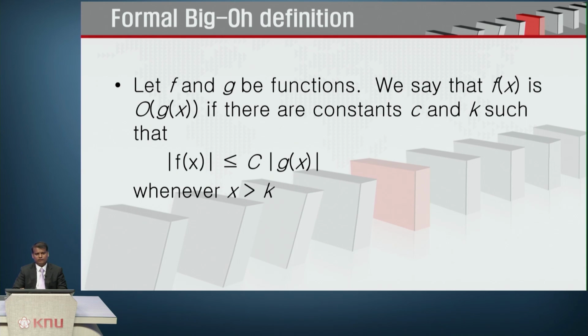A similar thought: let f and g be functions. We say f of x is big O of g of x if there are constants c and k such that f of x is less than or equal to c times g of x, where x is greater than k.